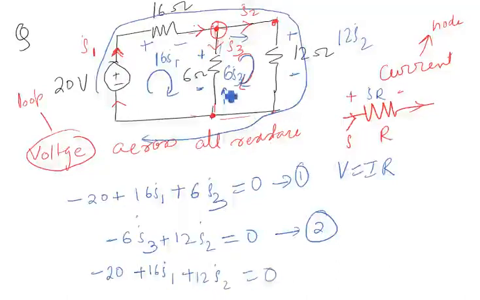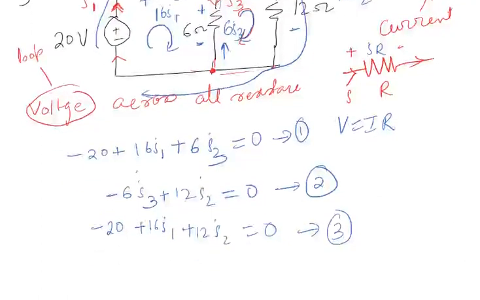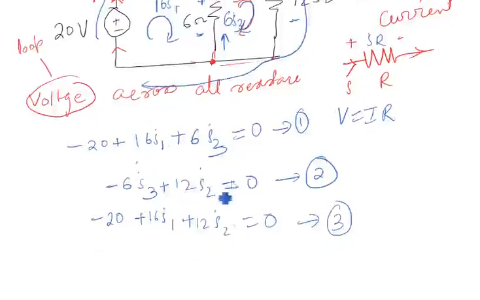I'm not using this. So these are the three formulas. So three variables are there. You can use these and calculate the currents. Three formulas are there, three variables are there.